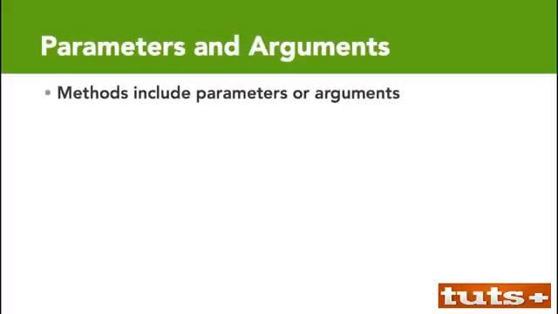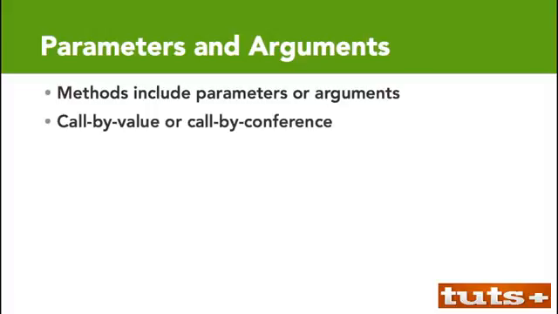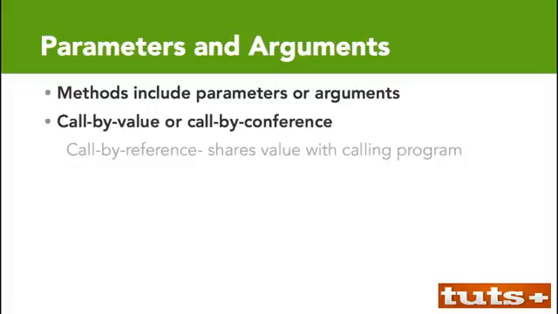Most methods include parameters or arguments as a way to pass values from the calling method. There are two types of arguments, call by value and call by reference. The biggest difference is that call by reference allows the method and the calling program to both point to the same address that contains the value of the variable.